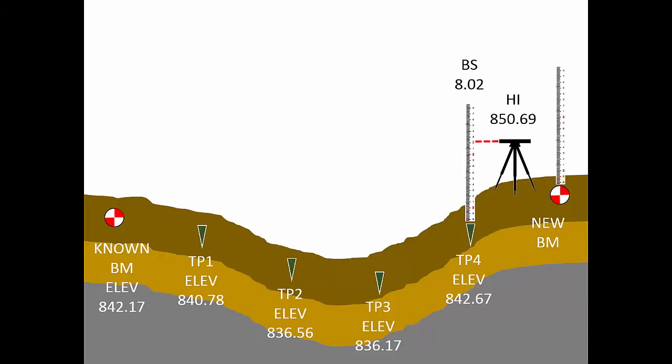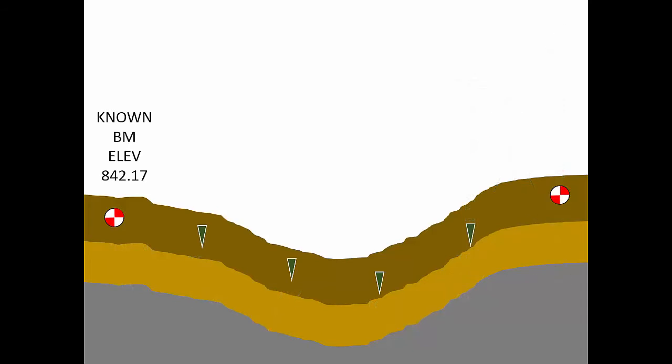In the field, the rod person and the instrument operator move separately, taking turns and moving forward in a leapfrog pattern. With the final foresight, there are finally enough measurements with which to compute the elevation of the new benchmark. The process is fairly simple, repetitive, and efficient.